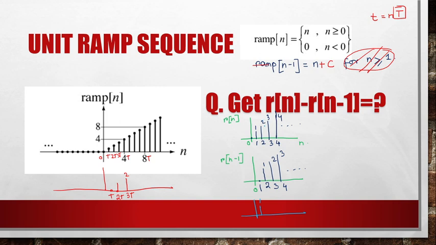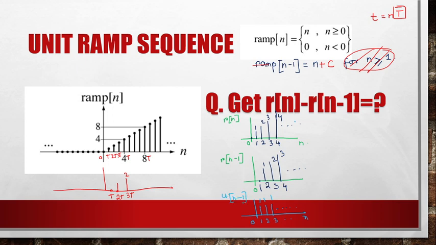Then this is 2 but this is 1, so you are getting another 1 over here, and again another 1. So in this way, all the way you are getting only ones. Only the first sequence is 0, and in all the other sequences you are getting nothing but 1. So what is this? This is nothing but u of n minus 1.